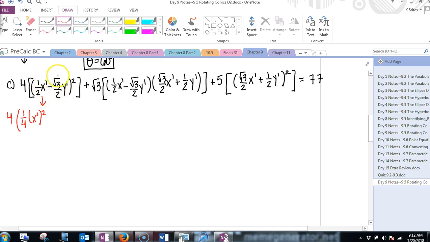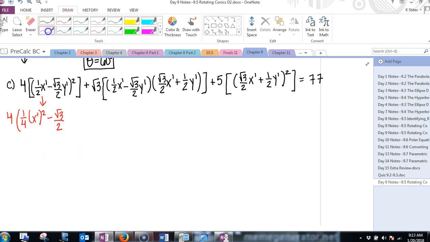So 1/2 times root 3 over 2 is root 3 over 4. Double it is 2 root 3 over 4, which is 1/2 root 3, or root 3 over 2. Okay, so again, that's root 3 over 4, but you doubled it, so that's 1/2 root 3, which I'm writing like that.